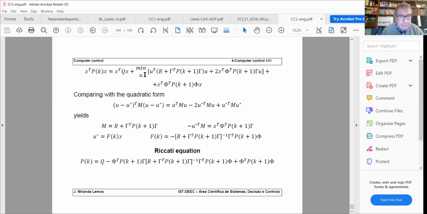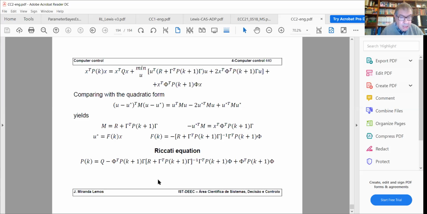So you will have here X transposed F transposed, and on the right you have fx and so on. So for these quadratic forms to be the same, the matrices of the quadratic forms must be equal. So P of k must be Q plus this quadratic form.